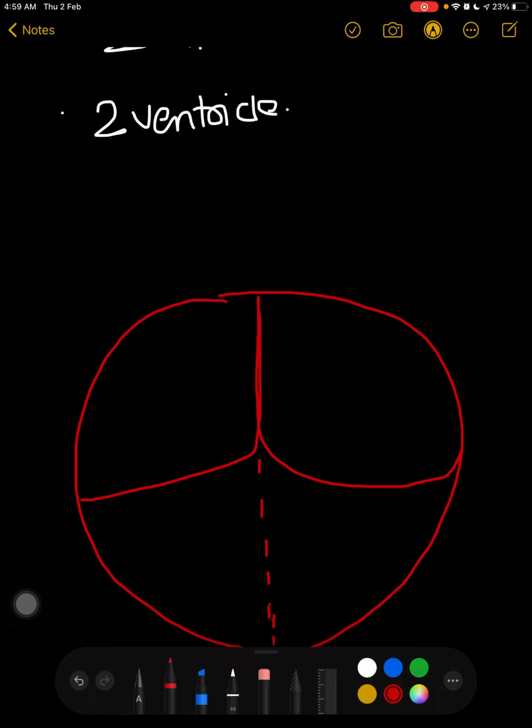Okay, this is basically the heart. This is right atrium, this is left atrium, this is right ventricle, this is left ventricle, right?